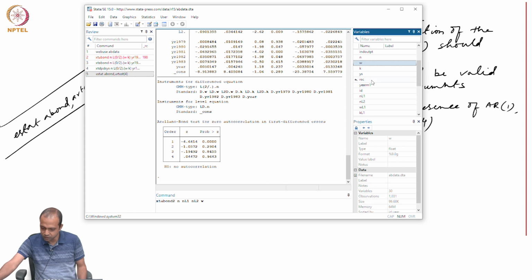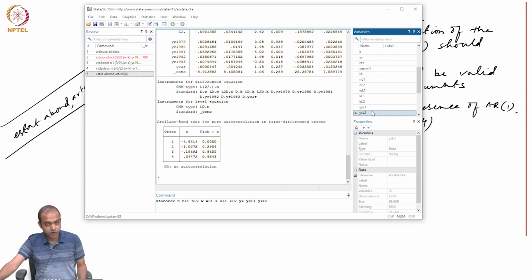then WL1, then I will take capital, and then KL1 and KL2, first and second order lag of capital, and then I am taking WS also, okay, and then YSL1, YSL2.